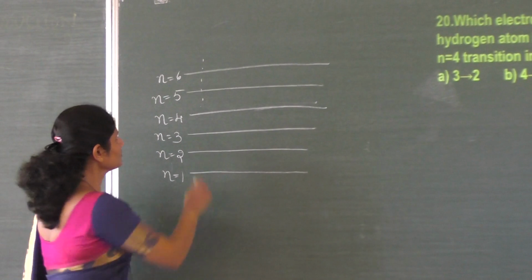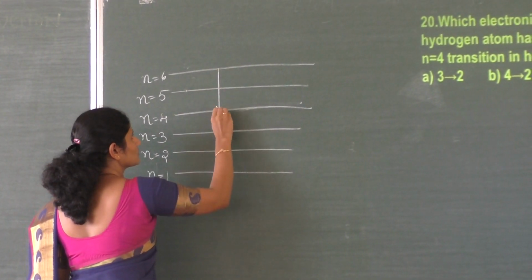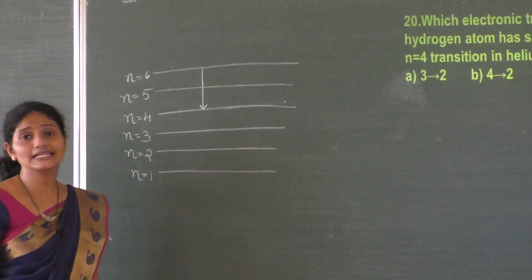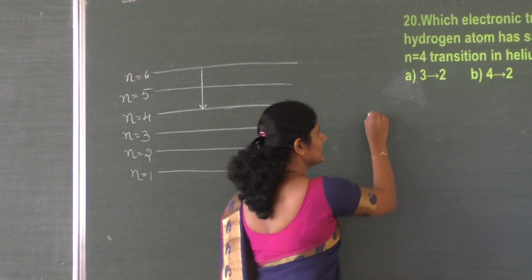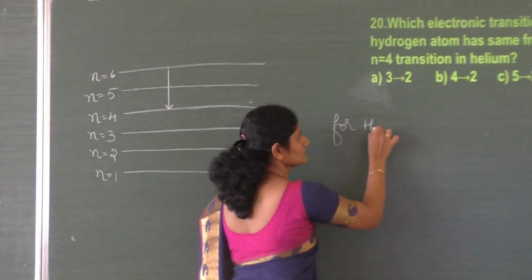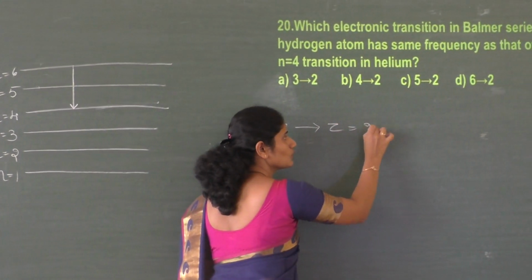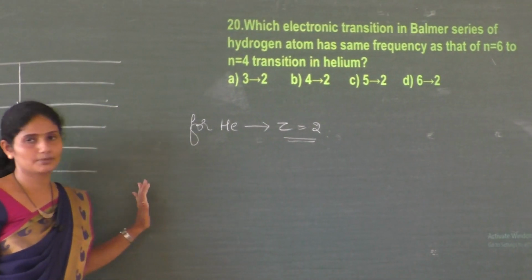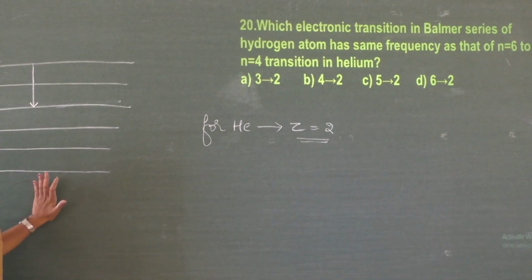So n equal to 6 to n equal to 4. This is the transition. In case of helium atom, we know that for helium, atomic number Z is equal to 2. What is the expression for wave number?